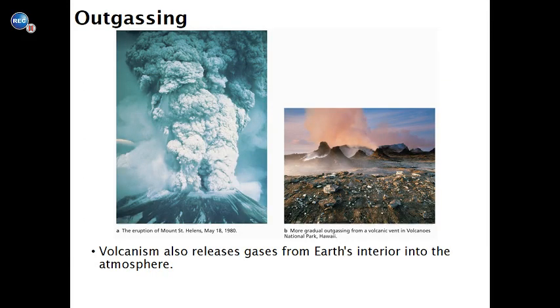Volcanoes also put gas into the atmosphere that's formed in the interior. So, in some cases you see huge clouds of ash and gas emitted during an eruption. In other cases, it's just a slow leak of gas coming out of a vent.